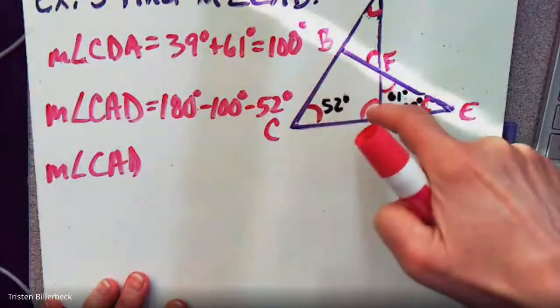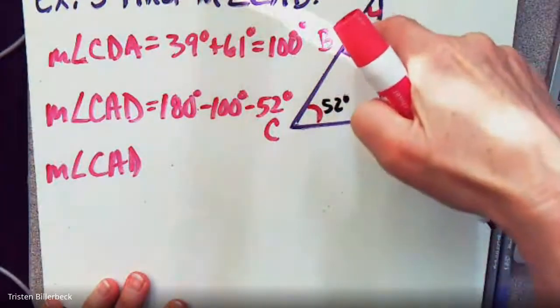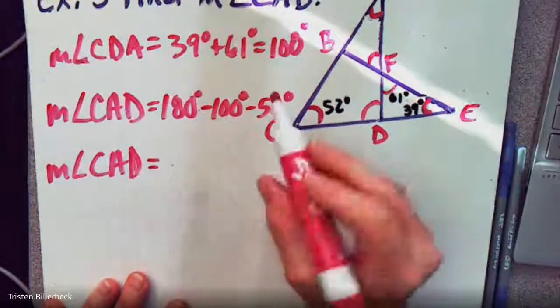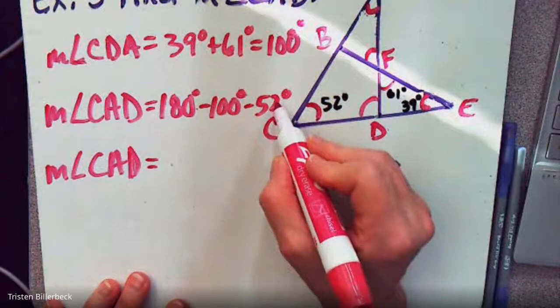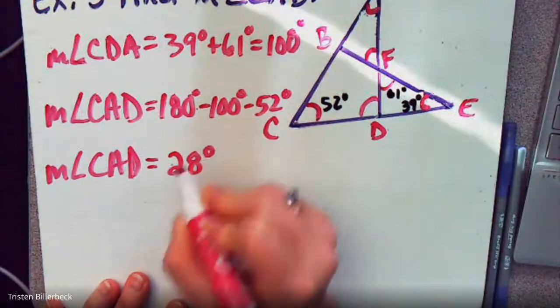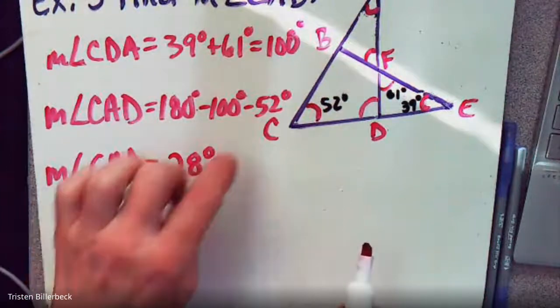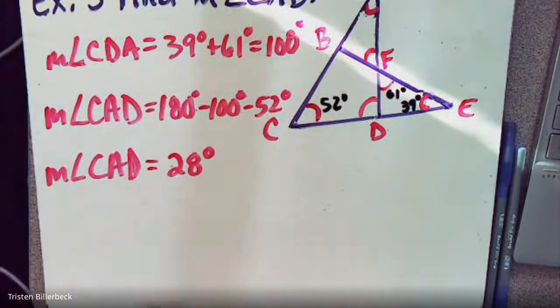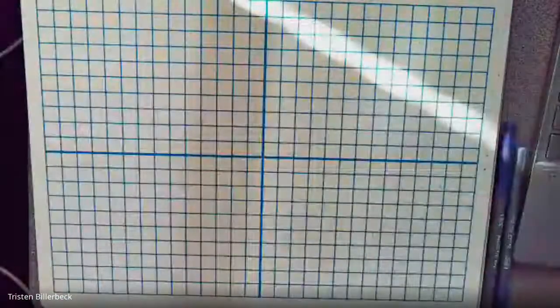That gives me 80 degrees minus 52 degrees, which gives me 28 degrees, because 52 plus 28 is 80. So there we have it.